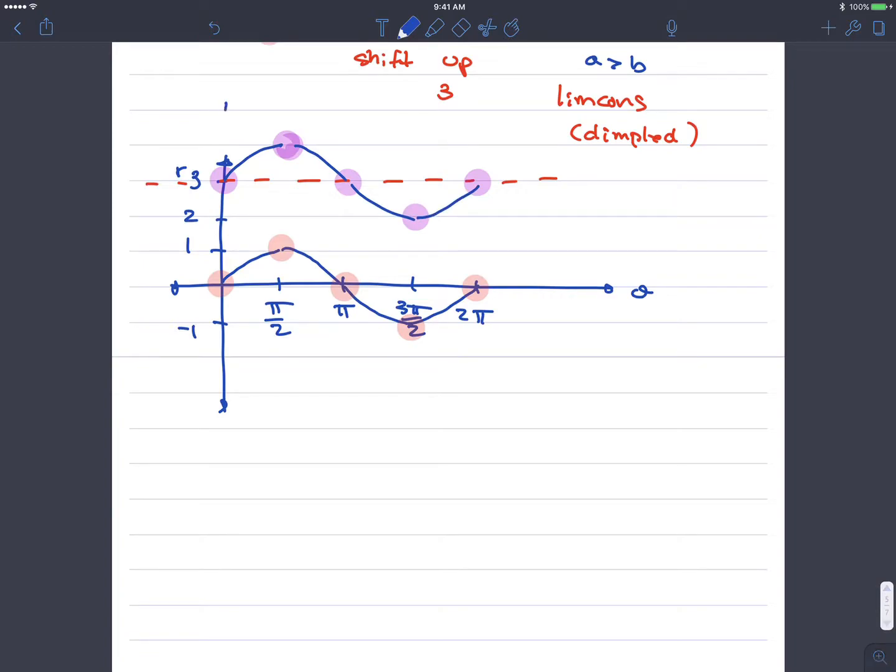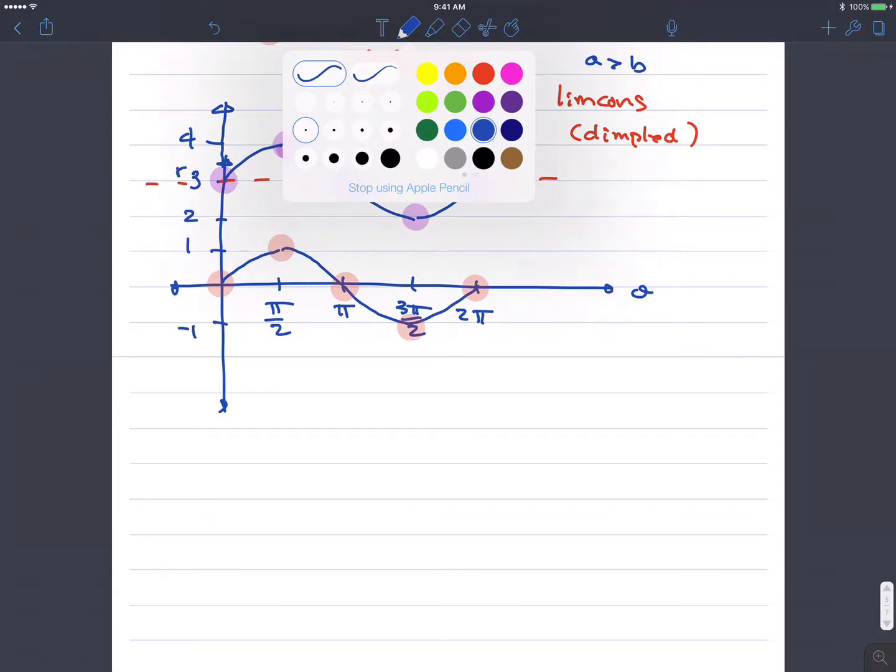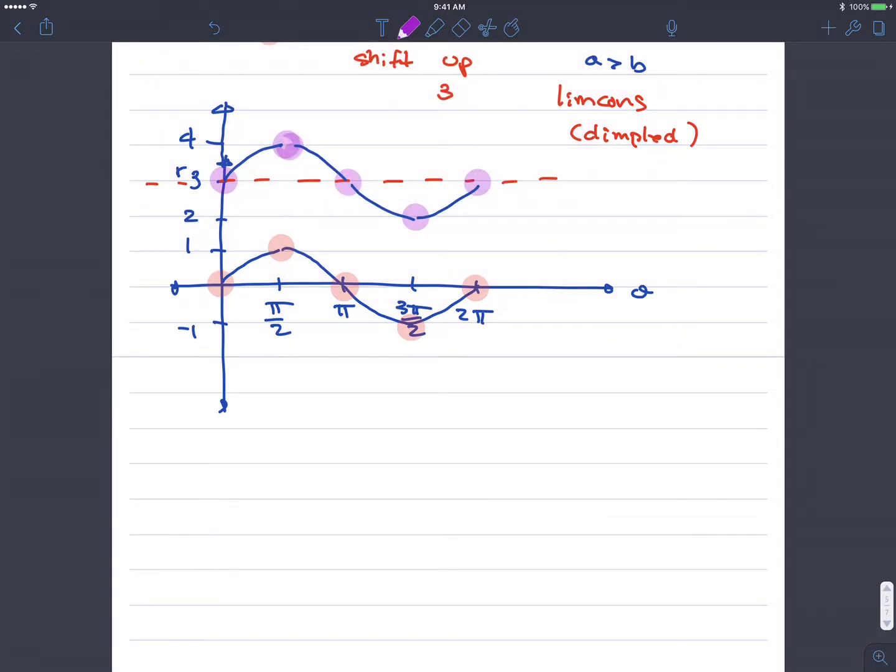Now this here would be a radius of 4. Okay, I think we're okay now. Let's look at these points. When my angle is 0, what's my radius? If we describe all this as r and theta, this is my radius axis again.